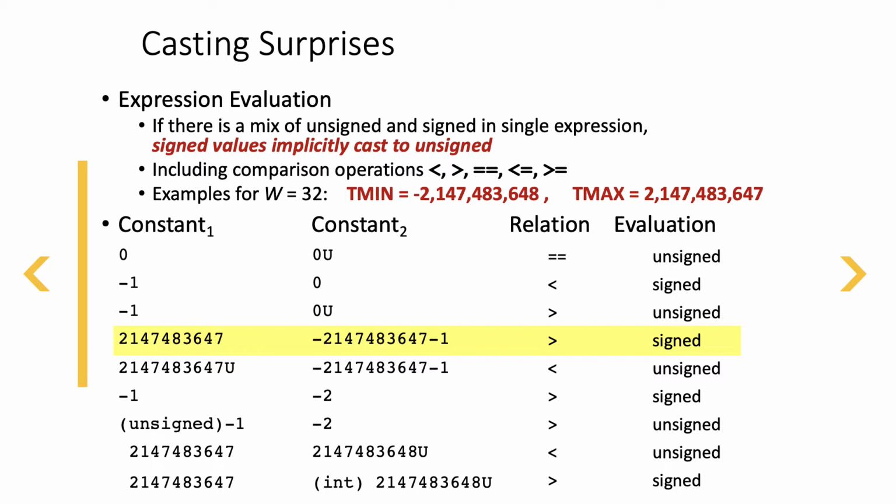Our next example, we have 2 signed values here, right? And so we have T max, and then we're comparing that to basically T min, right? That's going to come up being greater, and it'll be evaluated as signed because both values are 2's complement. So that's no surprise.